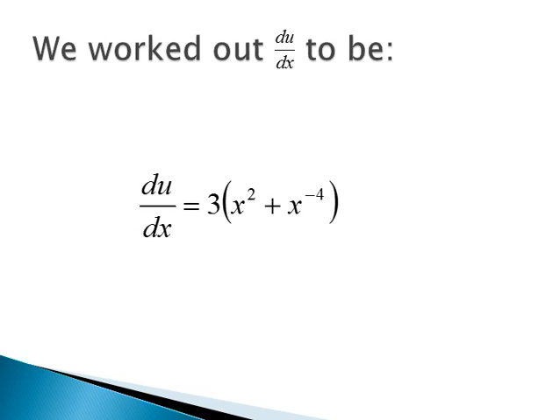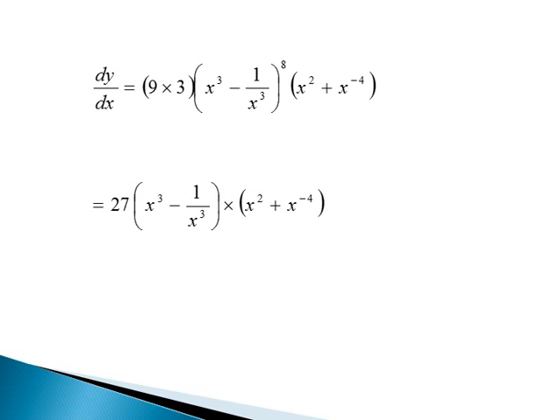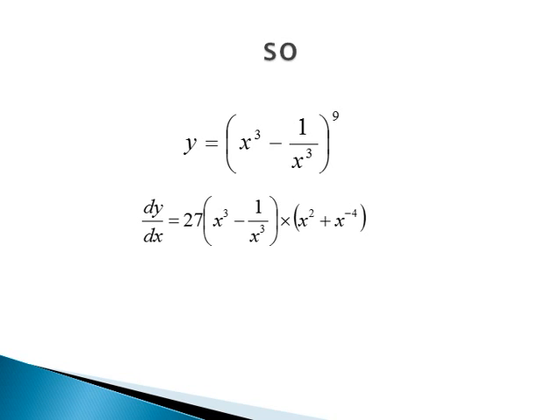We worked out du/dx to be 3 all multiplied by (x squared plus x to the power of minus 4). Therefore dy/dx equals 9 multiplied by ((x cubed minus 1) over x cubed) to the power of 8 multiplied by 3 multiplied by (x squared plus x to the power of minus 4), which can be written as dy/dx equals 9 by 3 by ((x cubed minus 1) over x cubed) to the power of 8 by (x squared plus x to the power of minus 4), which can be simplified down to 27 multiplied by ((x cubed minus 1) over x cubed) multiplied by (x squared plus x to the power of minus 4).